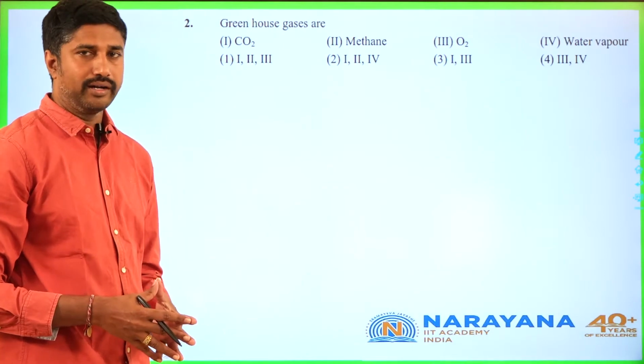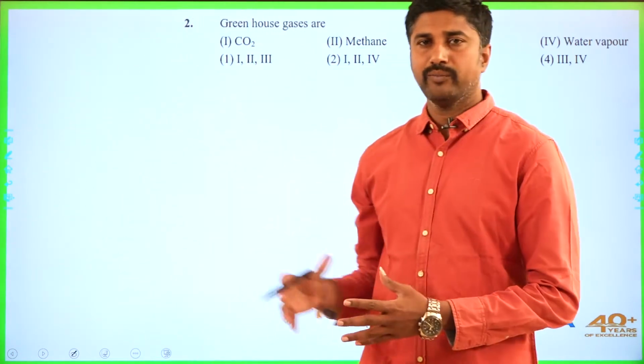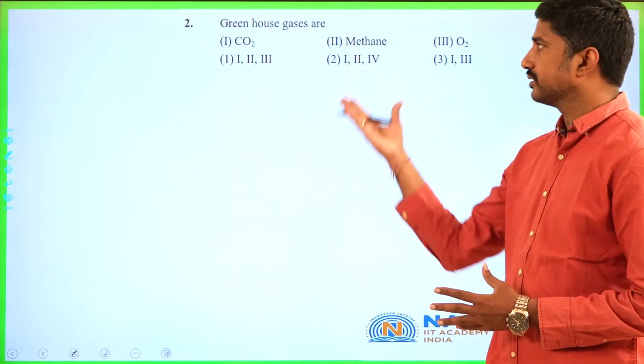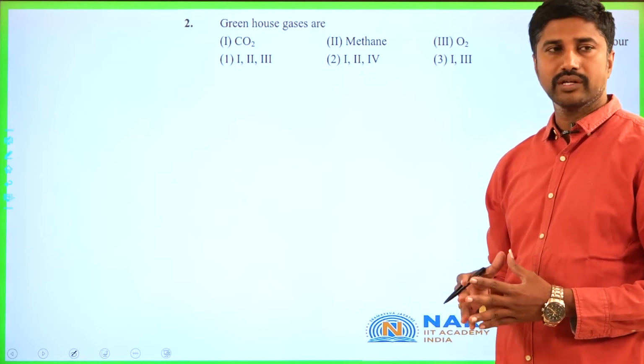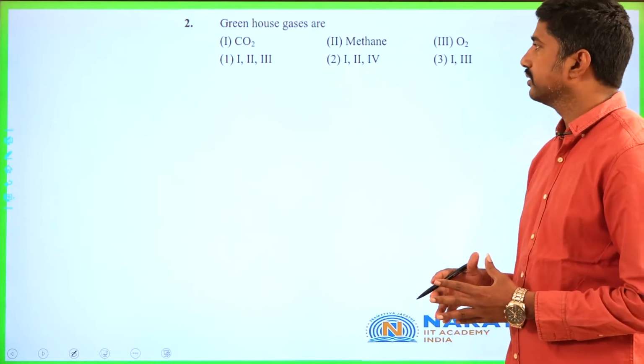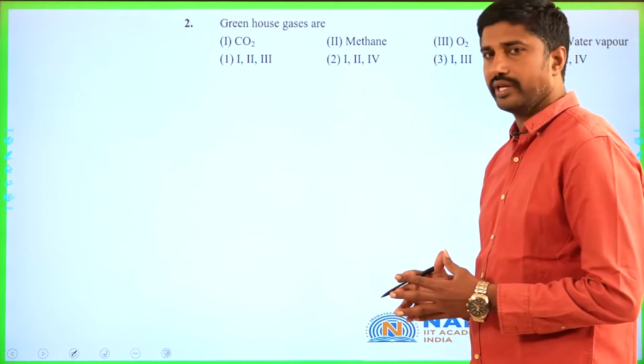Greenhouse gases are from environmental chemistry, a theory based chapter, and every time we get one question from it, and this is the question given here. Greenhouse gases are: what is the composition of the greenhouse gases? In the given list, which gases belong to greenhouse gases?